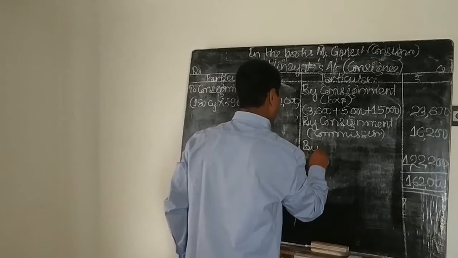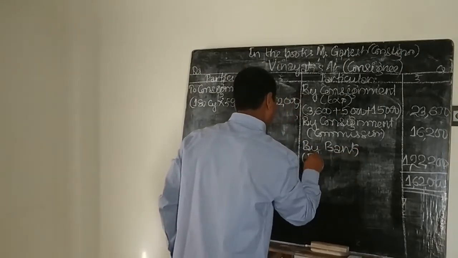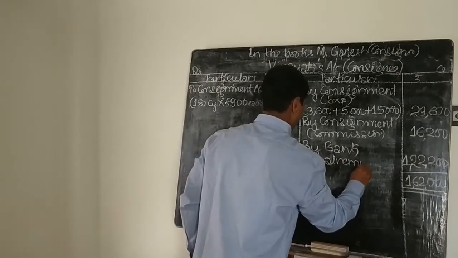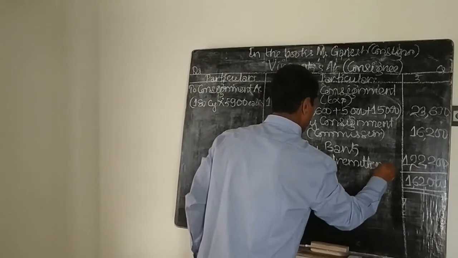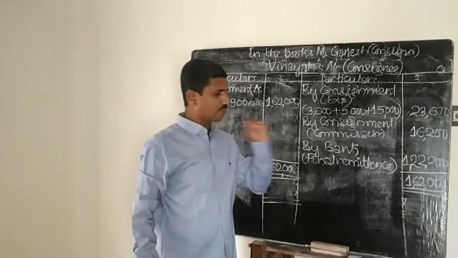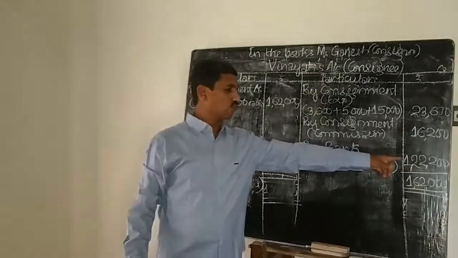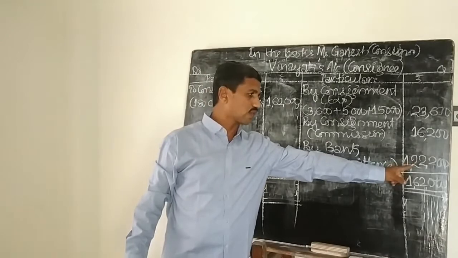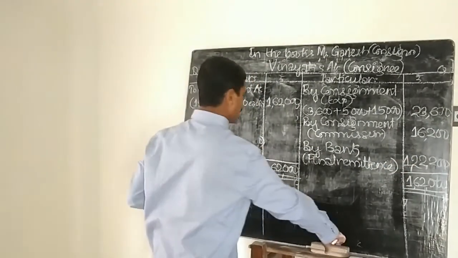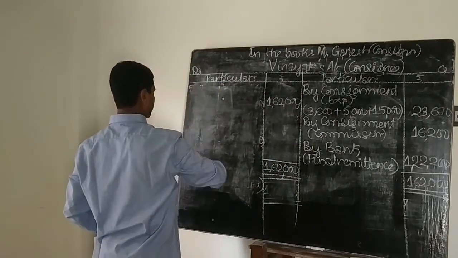So by bank, in the bracket you write final remittance. So this much of amount is to be paid by whom here? By the consignee to the consignor. That means Vinayak has to pay ₹1,22,200 to whom here? To Mr. Ganesh.